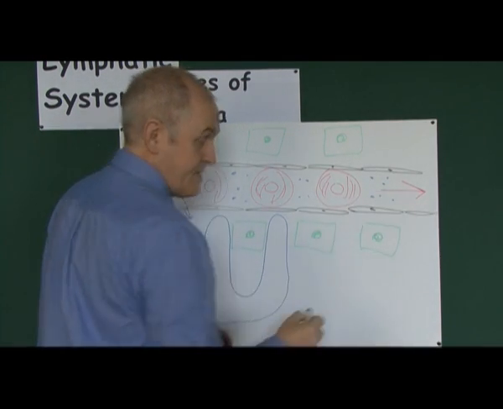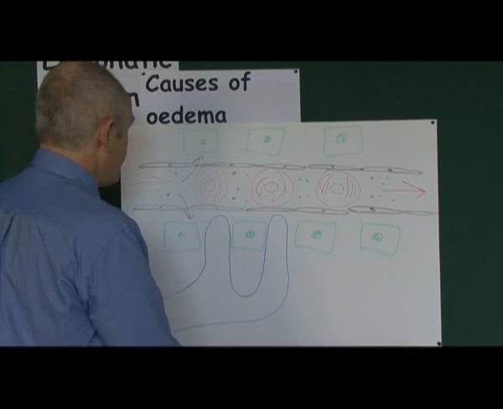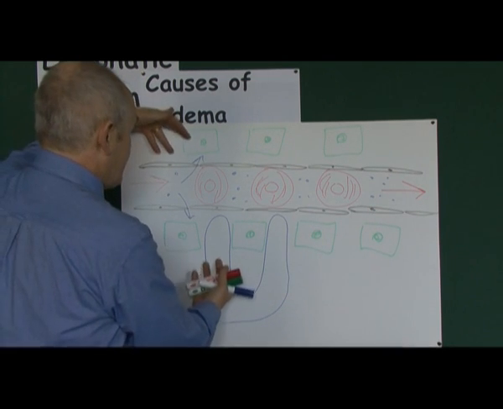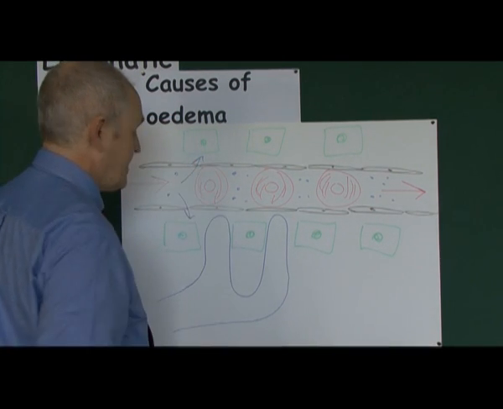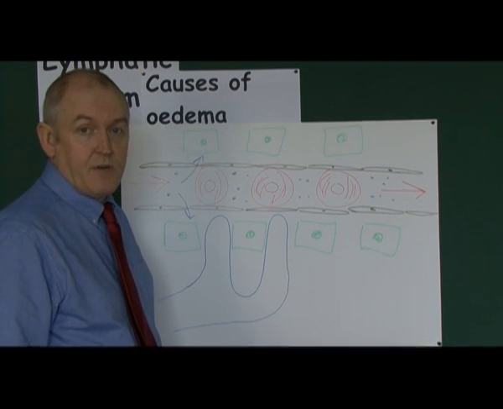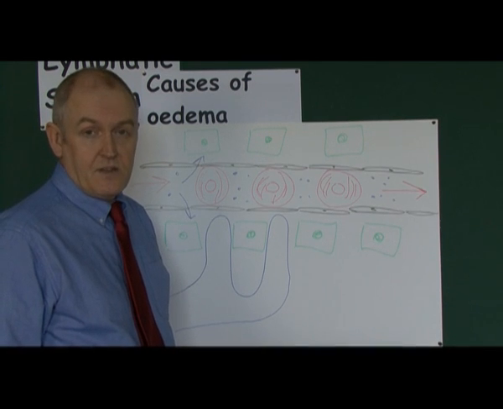So there are plasma proteins. And at the arterial end of the capillary, the hydrostatic pressure pushing the water out is greater than the osmotic pressure sucking the water in. So tissue fluid is formed at the arterial end of the capillary because the hydrostatic pressure is greater than the osmotic pressure.